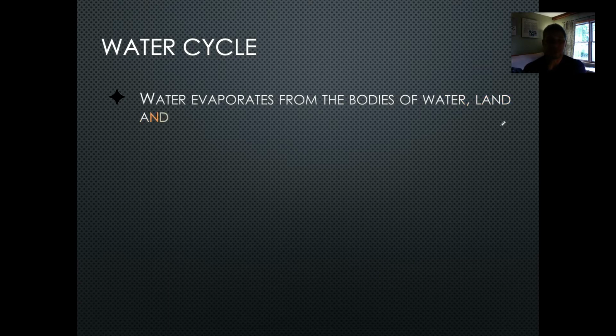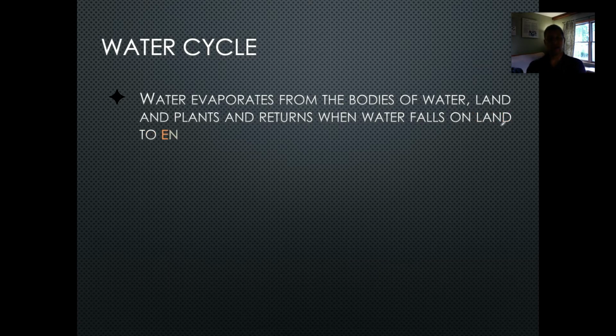Well, first of all, we find water sitting in great exchange pools called oceans and lakes and ponds and rivers and streams. And water evaporates from those areas as well as from plants, land plants specifically, and ends up in the atmosphere.